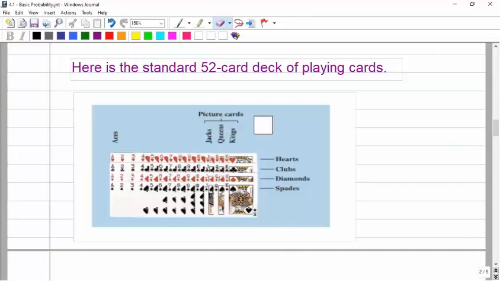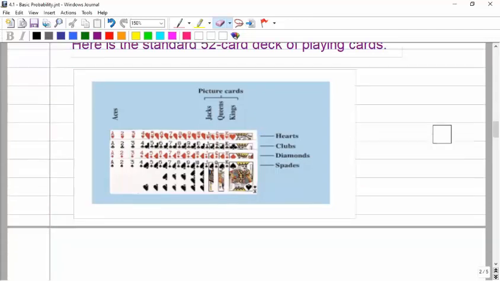That means the card has somebody's face on it. Kind of makes sense, right? None of the other ones have a face on it. And we're going to look at whether we can calculate probabilities from picking a card out at random from that deck. It's good for building probability skills.